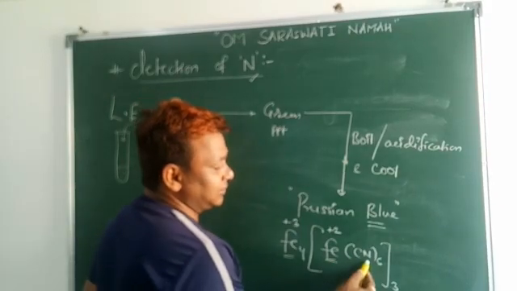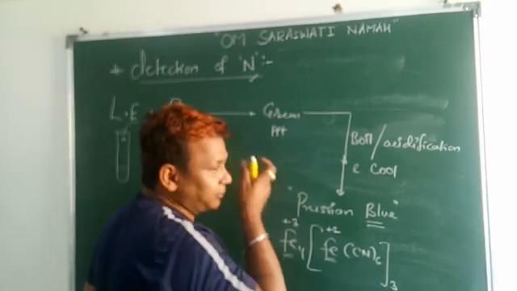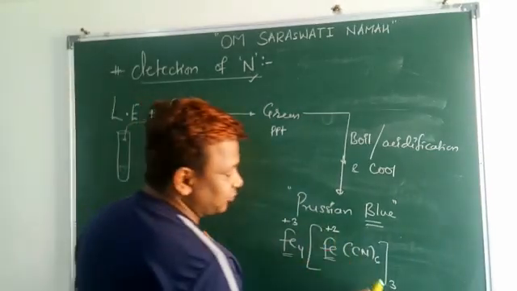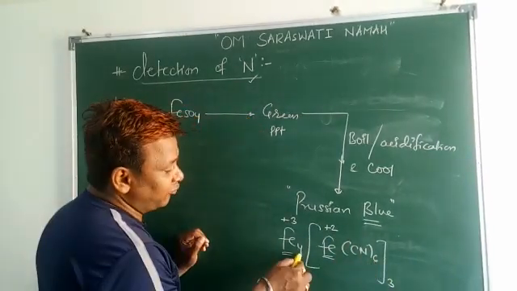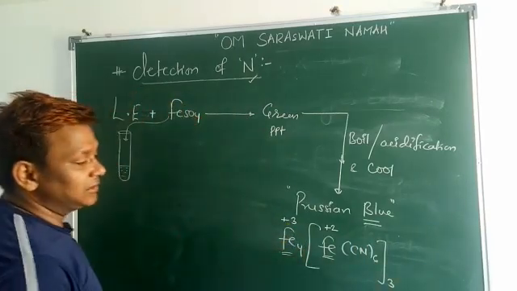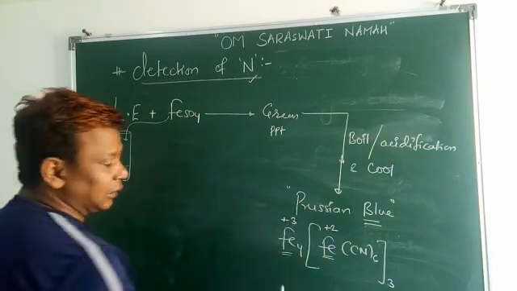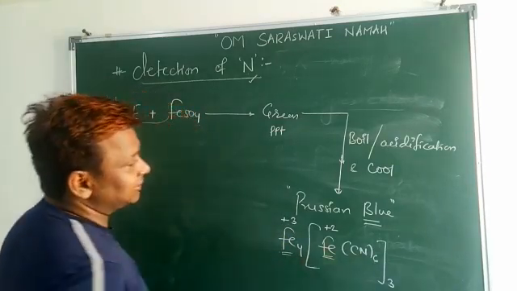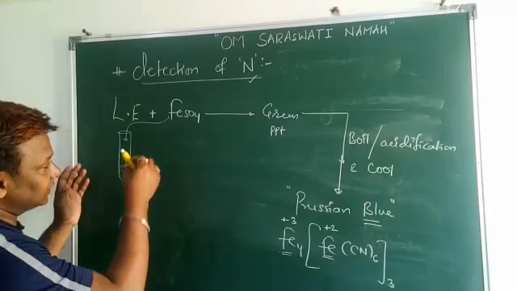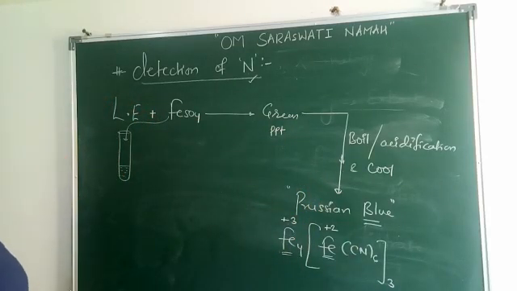CN is -1, so -1 into 6 is -6. -6 plus 2 becomes -4. -4 into 3 is -12, and +4 into 3 is +12. +12 and -12 gives 0. Hence the oxidation numbers we determined for the Fe outside and inside the sphere are correct.